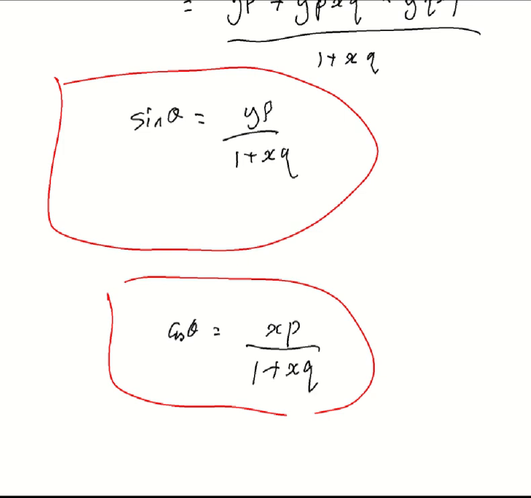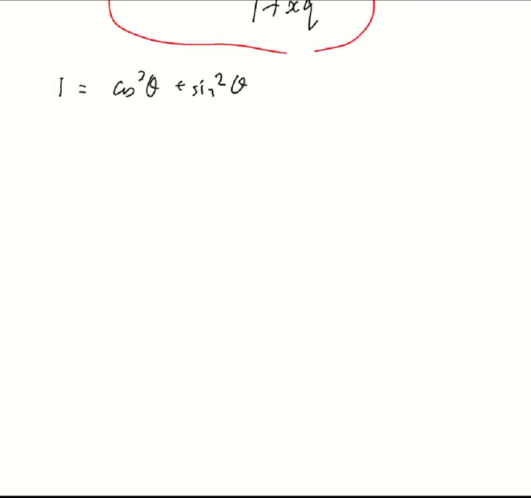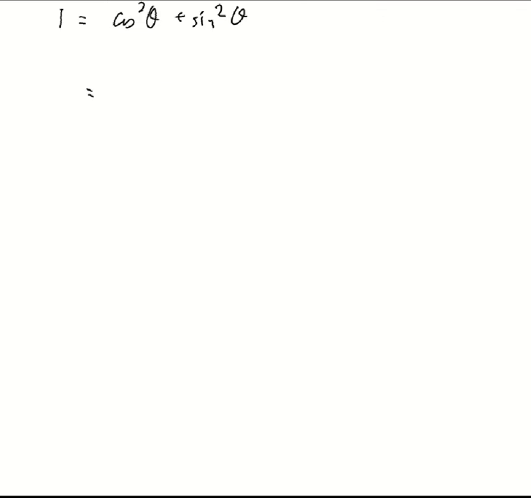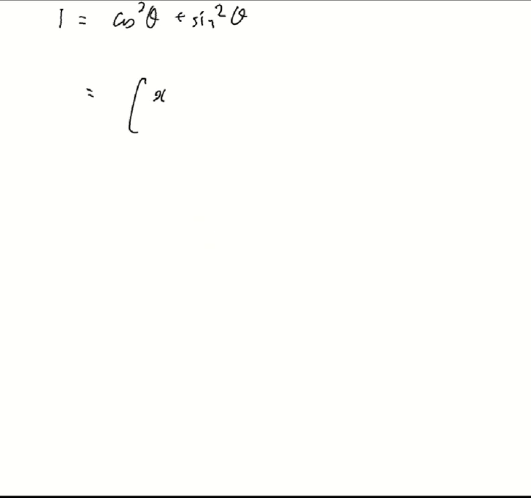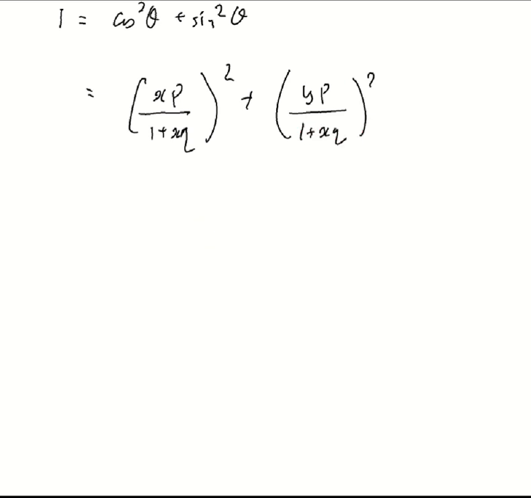Really nice thing. Basically we're going to do 1 equals cos squared theta plus sine squared theta. Good old Pythagoras. And that is xp over 1 plus xq, squared, plus yp over 1 plus xq, squared.